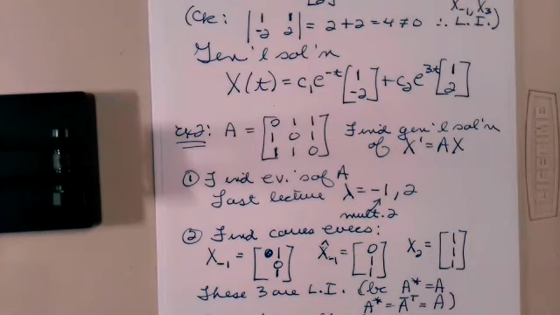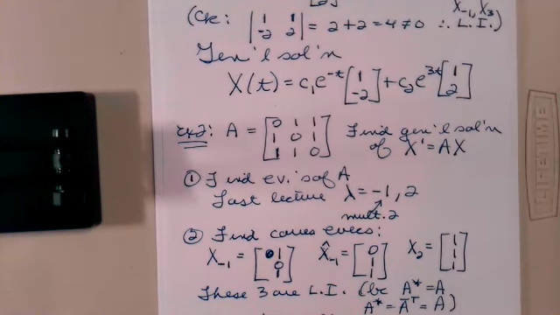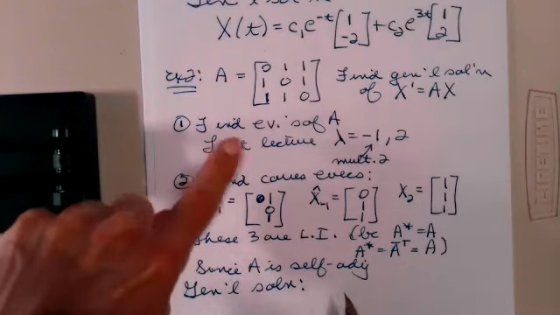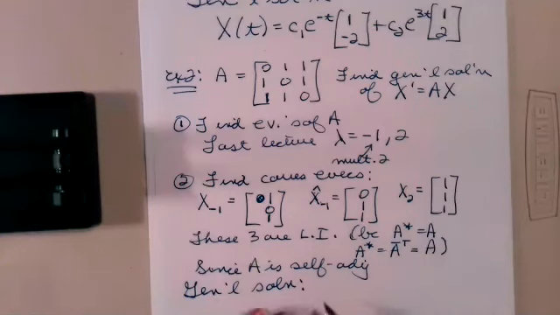So then the general solution. All the hard work really is in this first part, finding the eigenvalues and the corresponding eigenvectors. If you remember, that took a while in the last lecture.